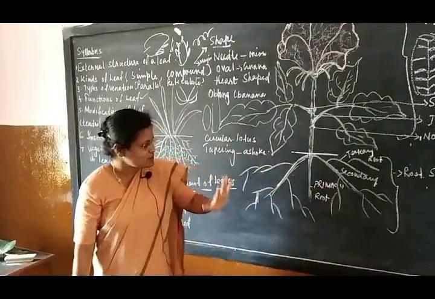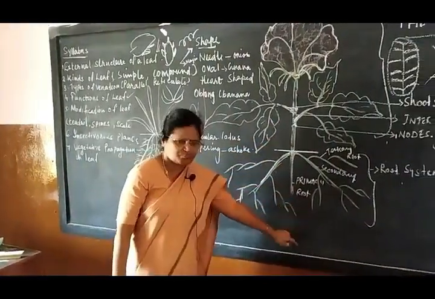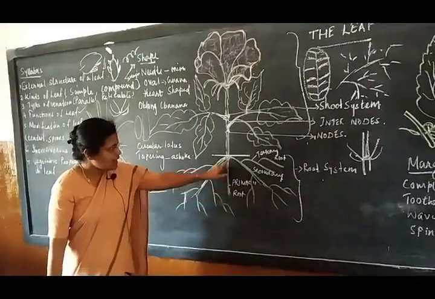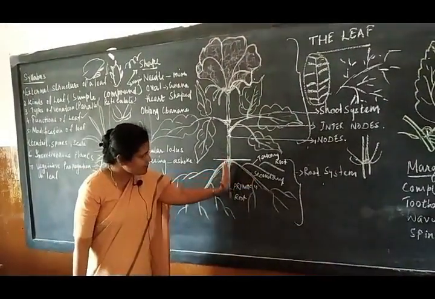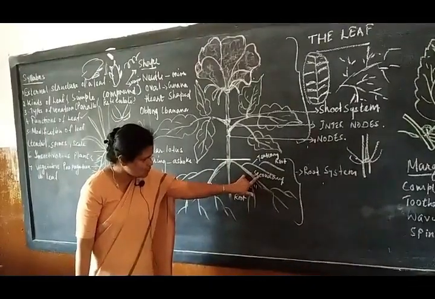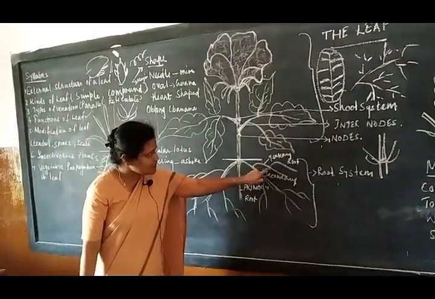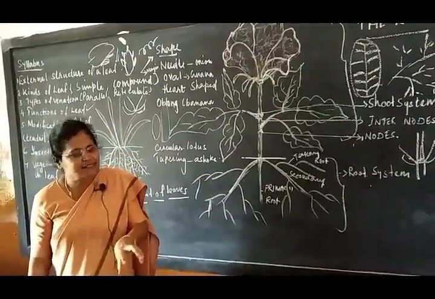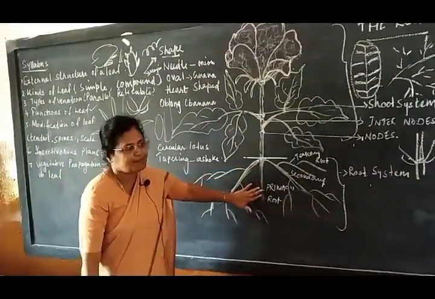In taproot, the plant has a main root which pierces down vertically, called the primary root, and then a branch arising from the primary root is called the secondary root. From the secondary root, the branch arising is called the tertiary root. That is the uniqueness of your taproot system.